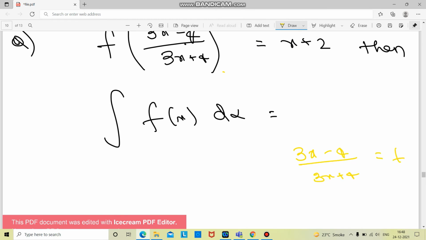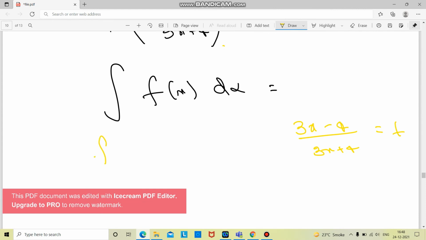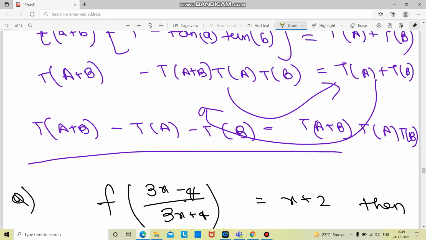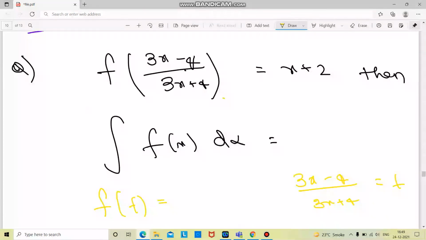We can put 3x minus 4 by 3x plus 4 as t. Then f of t is x plus 2. We will convert x variable in t. As we know, this is a function of t, so x should be converted into t.